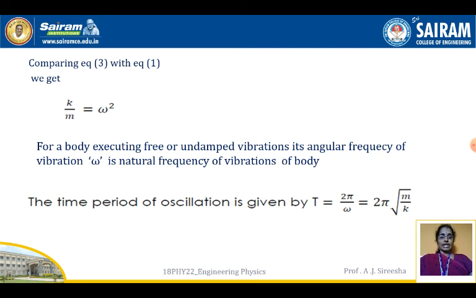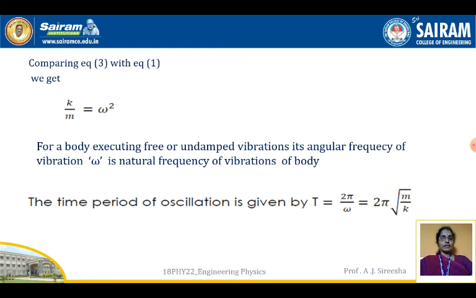Substituting the value of omega into t is equal to 2 pi by omega, you get 2 pi into root of m by k. So the time period of oscillation is given by t is equal to 2 pi into root of m by k, where m is the mass of the spring and k is the spring constant or the force constant.